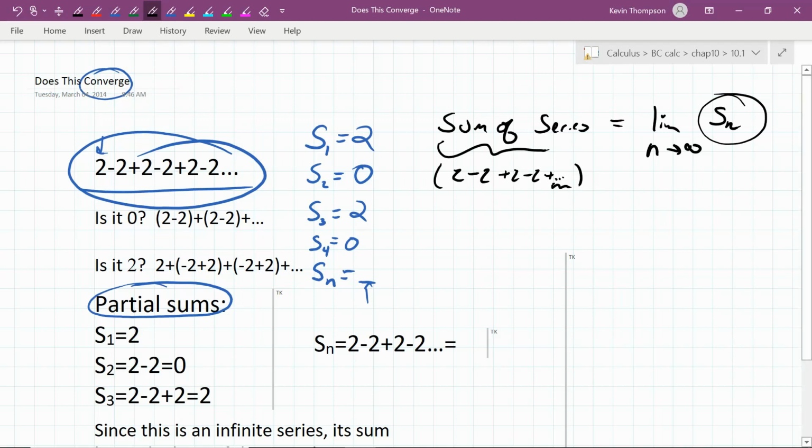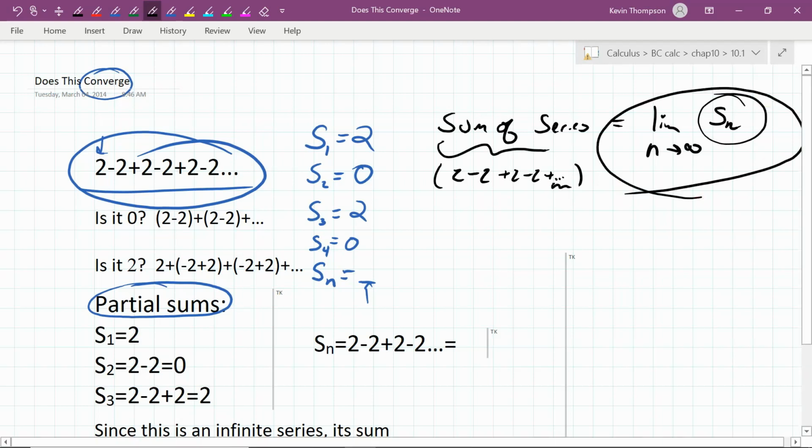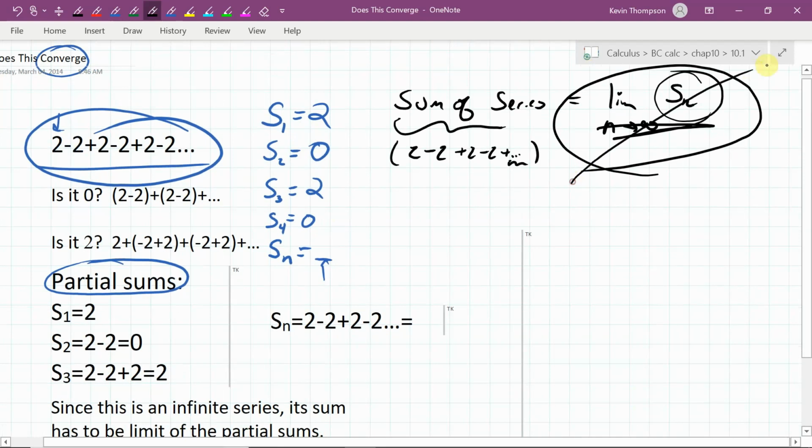Now, think about this setup. Does this have a limit for this problem? Will there be a limit that you could say the answer is 2 or the answer is 0? Do you know what this limit is? It's not a trick question. Do you know it? You don't. If this limit doesn't exist, this sum doesn't.